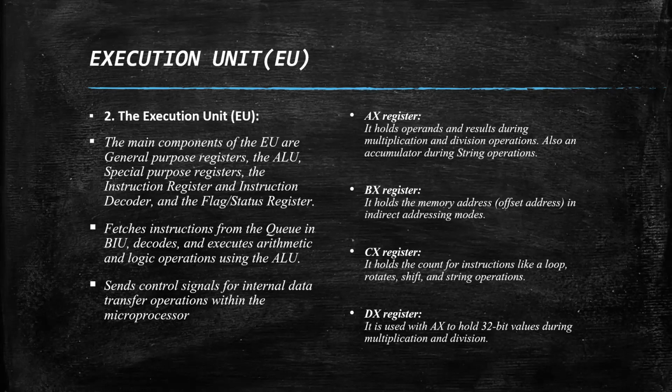The AX, BX, CX, DX are the general purpose registers. In the general purpose registers, we have four parts: AX means accumulator, BX means base, CX means count, DX means data.